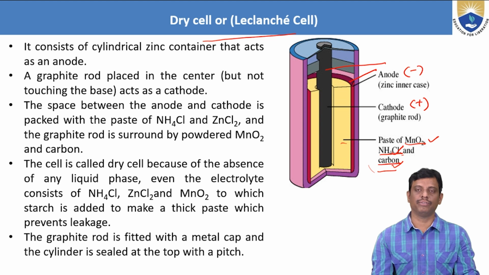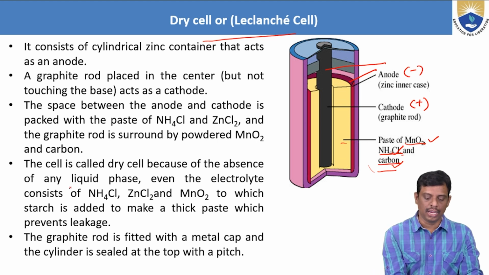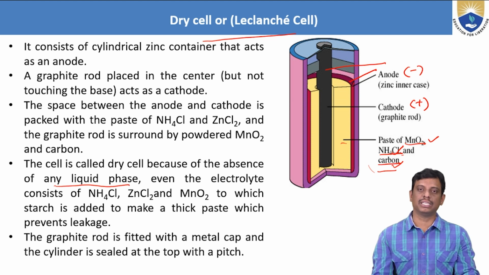This is dry, that's why it is called a dry cell, because of the absence of any liquid phase. There is no liquid phase present in the dry cell. The Leclanche battery is a dry cell.